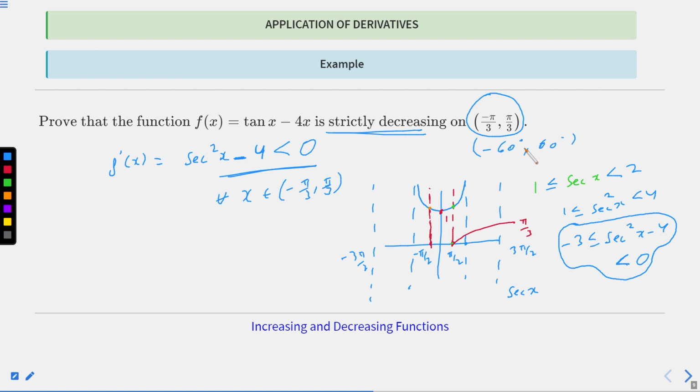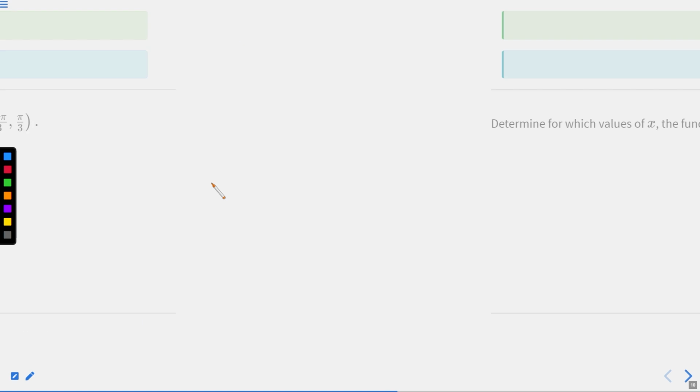I hope it is clear to you. So this is simple to show that your function is decreasing.